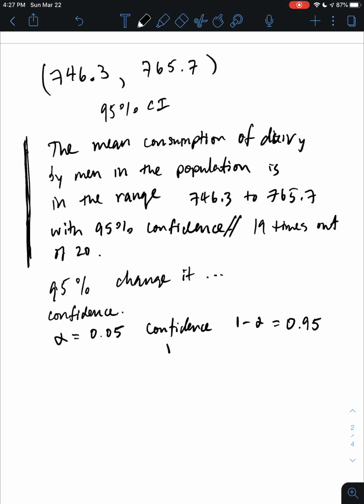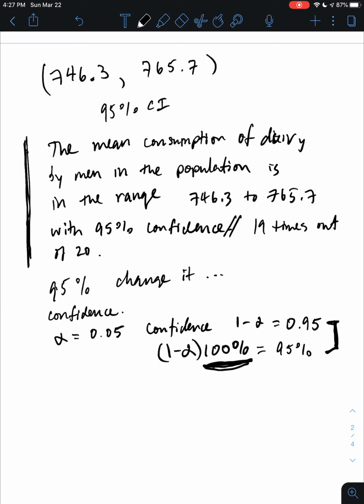And the textbook, you'll see, sometimes says 1 minus alpha equals 100%. All this does is change that 0.95 to 95%. It's not significant at all. It just changes the symbols that we use to represent it. You should recall that 95% and 0.95 are exactly the same thing. So this doesn't change anything except for the words that we use.